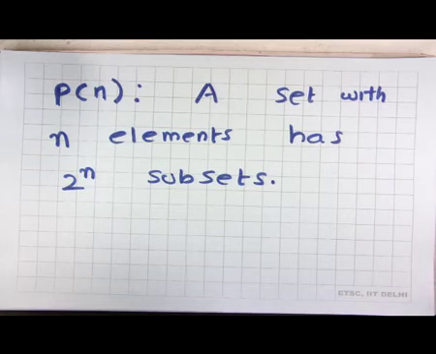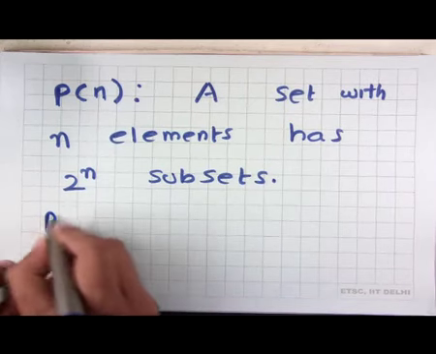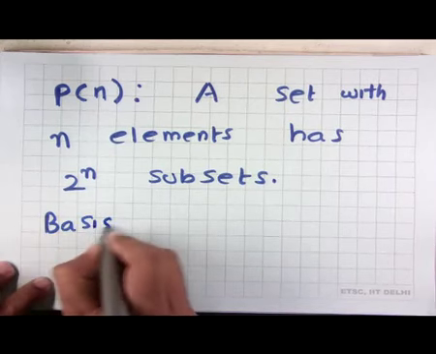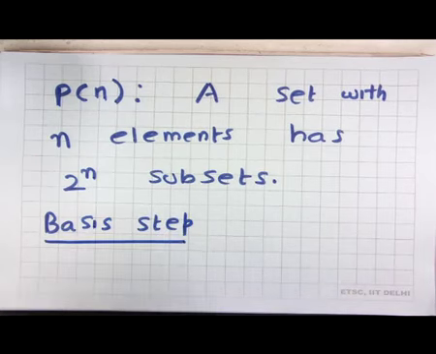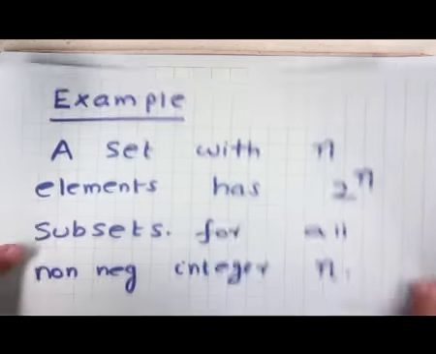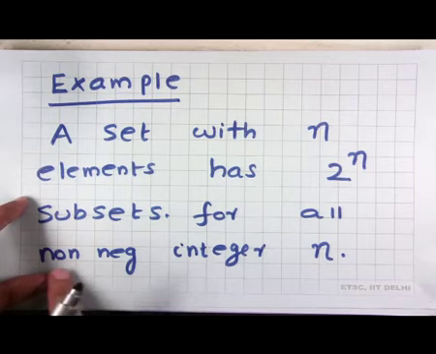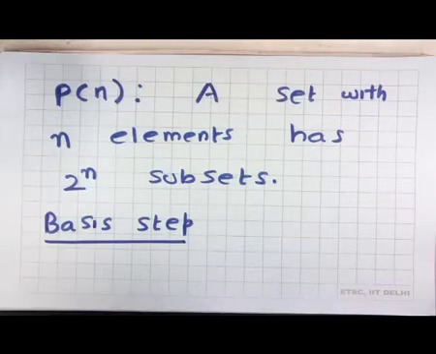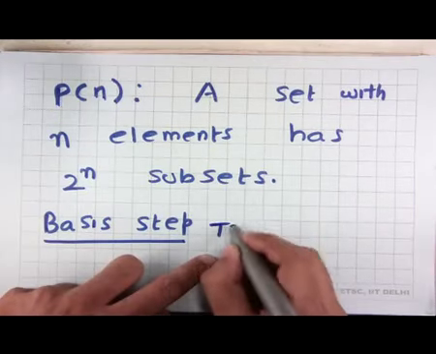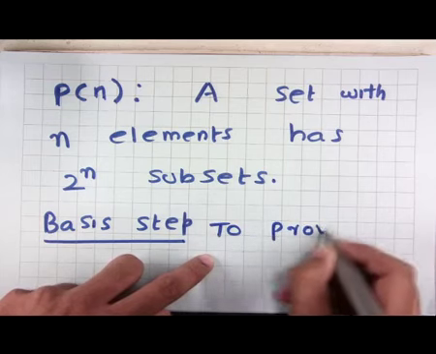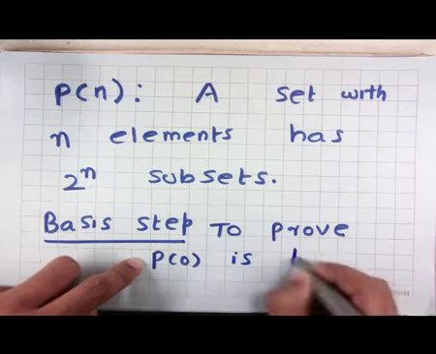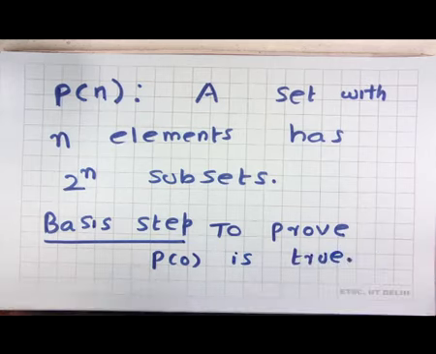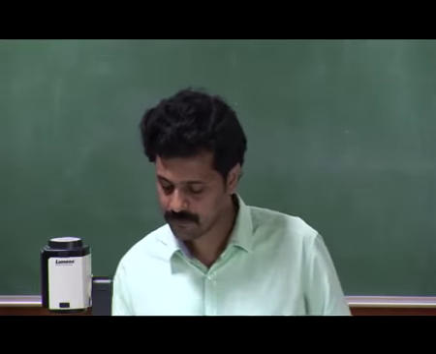Having formed the statement, let us proceed with the first step, basis step, which requires to prove P of 0. Why? Because the statement is for all non-negative integer n. To verify P of 0 is true. What is P of 0?